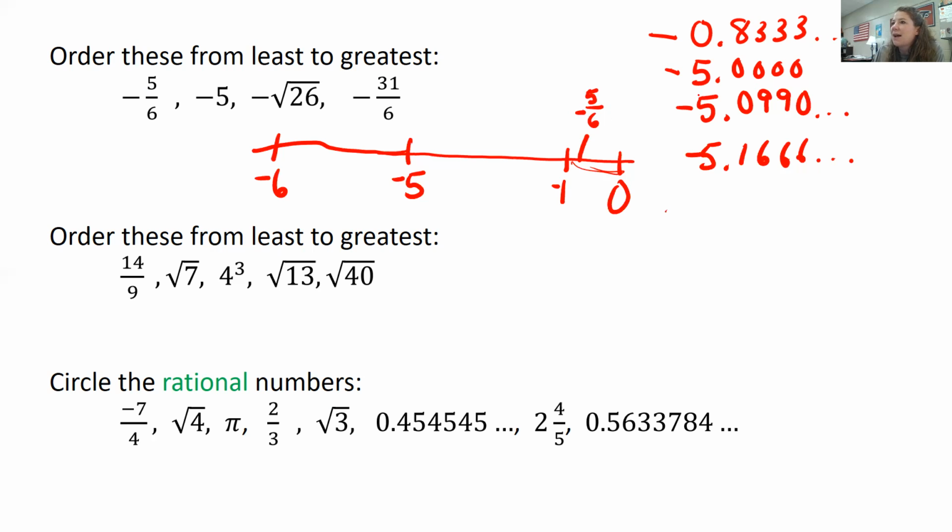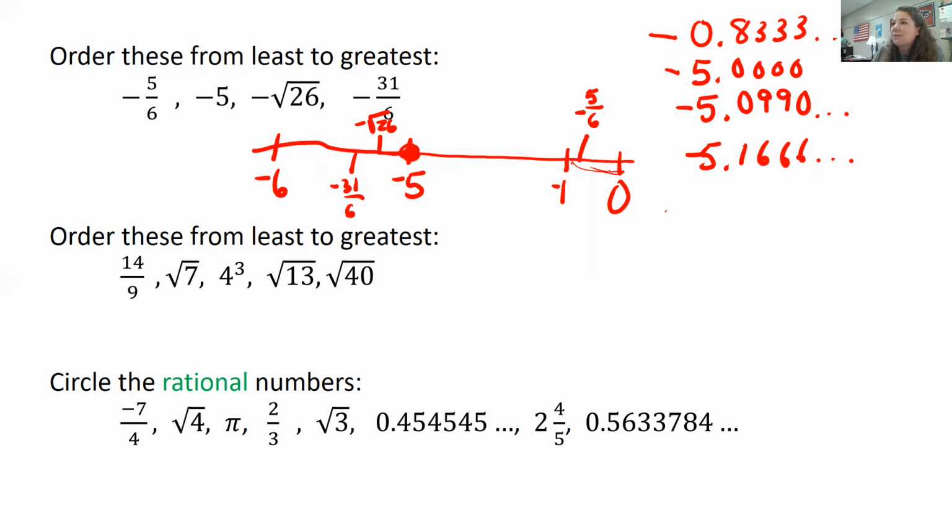All right, and then we have -5, which is here. And then this is going to be closer to -5 than -6. So this is -√26. And then this number is going to be about -31/6. Are you with me? So the farther right, the bigger the numbers.